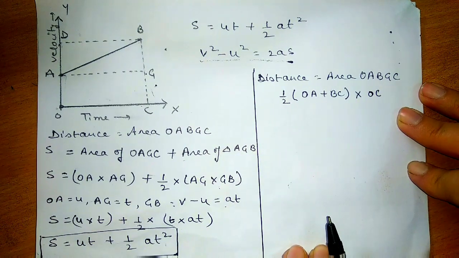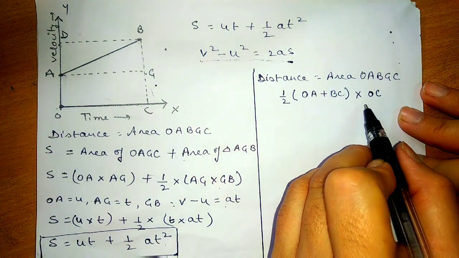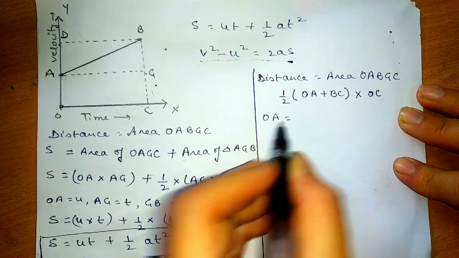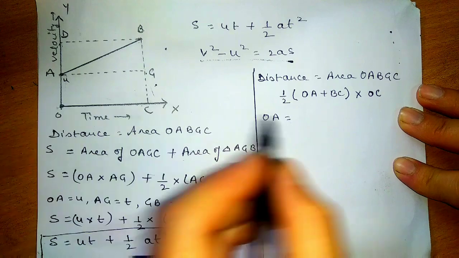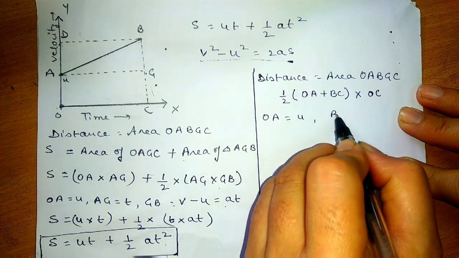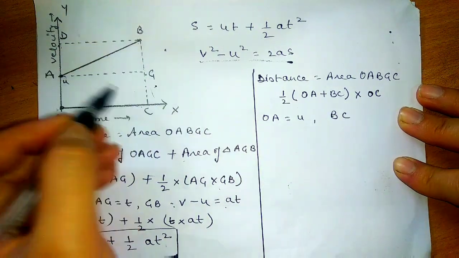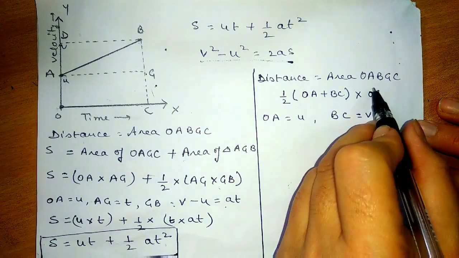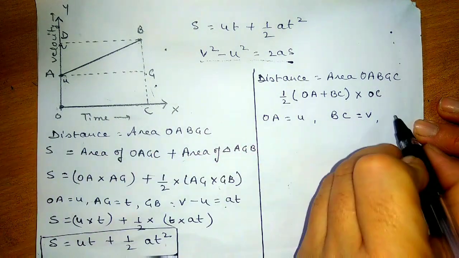So we can find the area of the trapezium by writing this formula. Now we know that OA is equal to U, BC, this whole is BC, is equal to V, and OC is T.